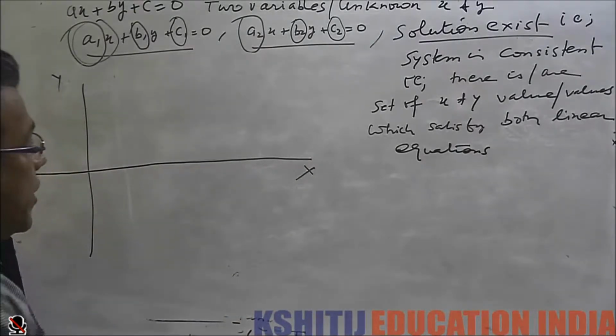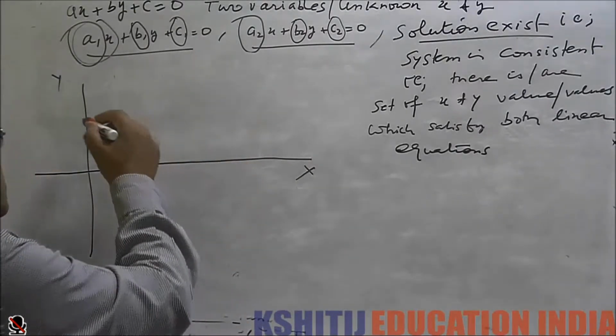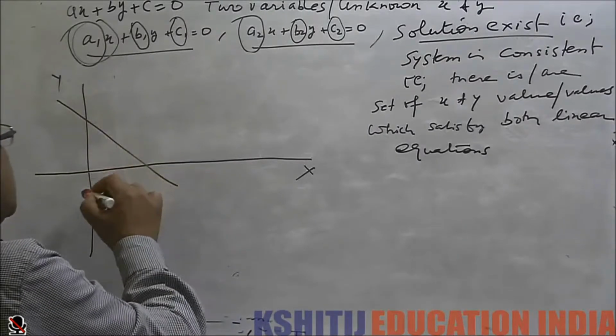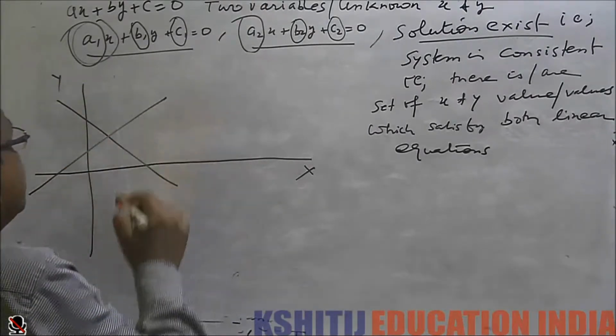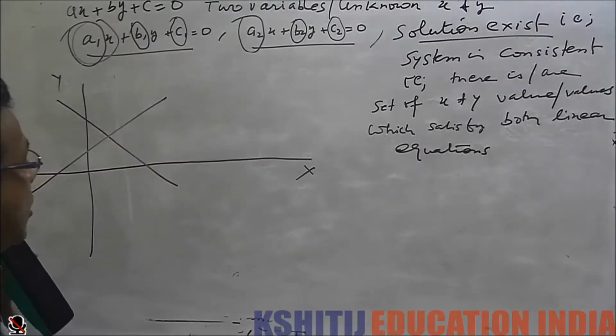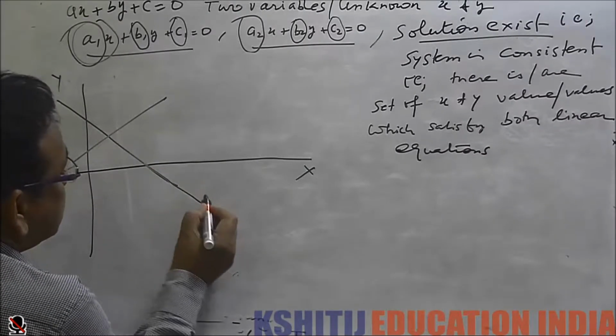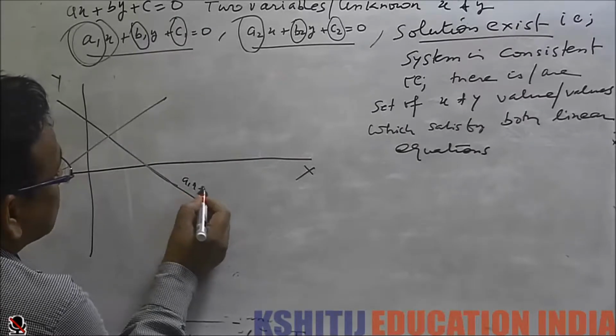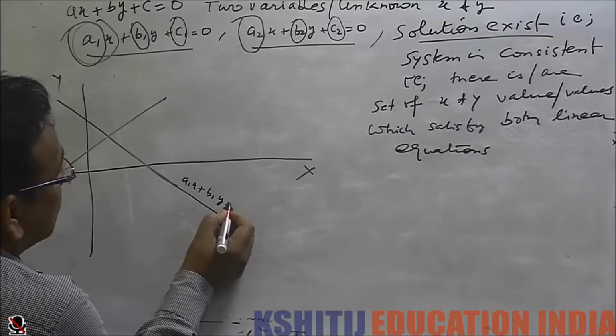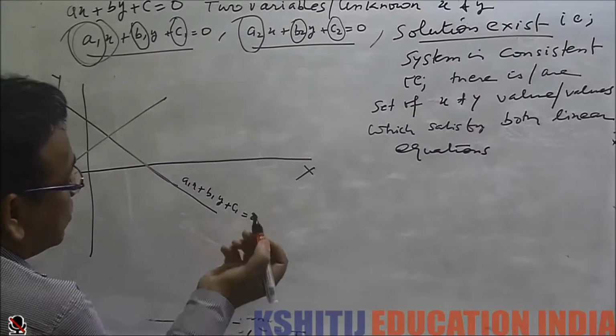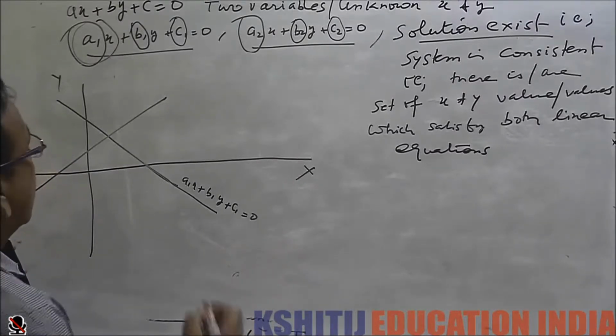So now if I draw the graph for these two linear equations, let's say it's like that. So what is happening? Look at the graph. This is, let's say, a1x plus b1y plus c1 is equal to 0. Okay.